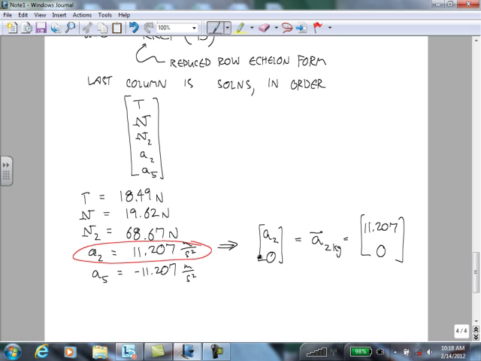Two things are contributing to that acceleration. One is the 50 Newton force, and one is that all the friction forces are acting in that direction on the box, because that's opposite the motion. Any questions about that?